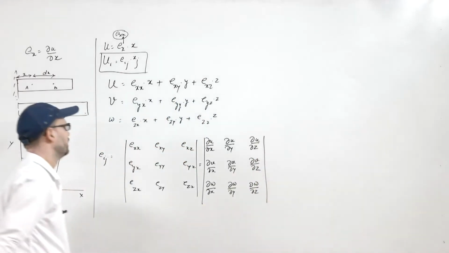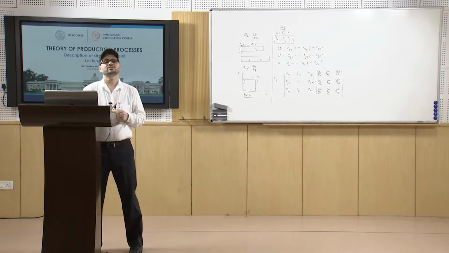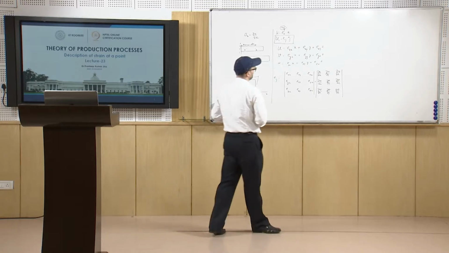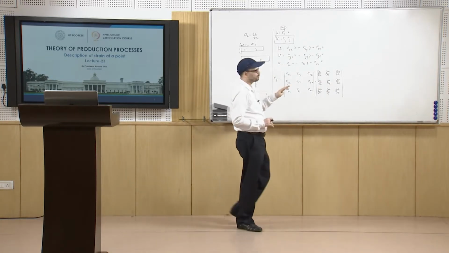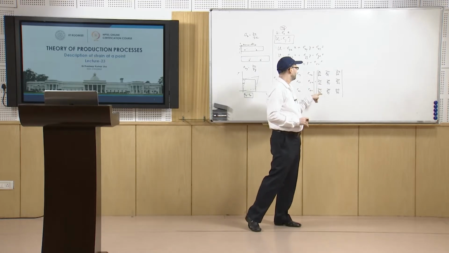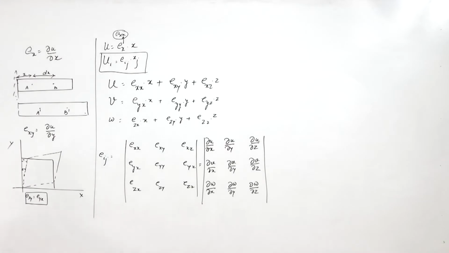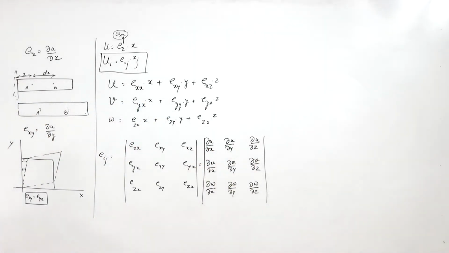So this is how Eij will be defined. Along the diagonal you have the normal components, and at other places you have the shear components.